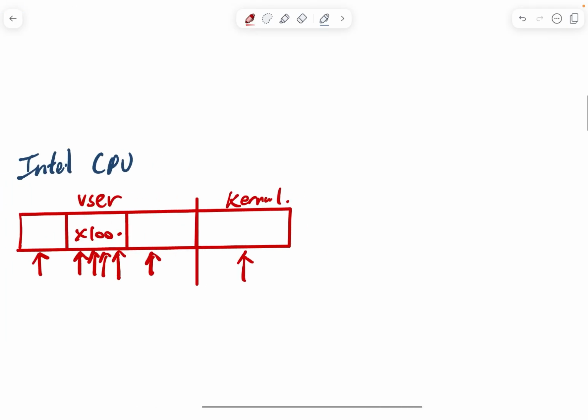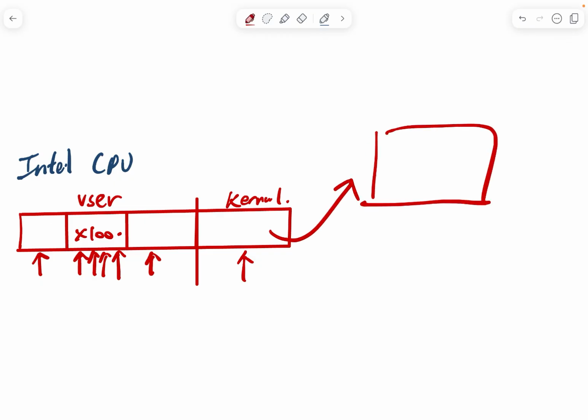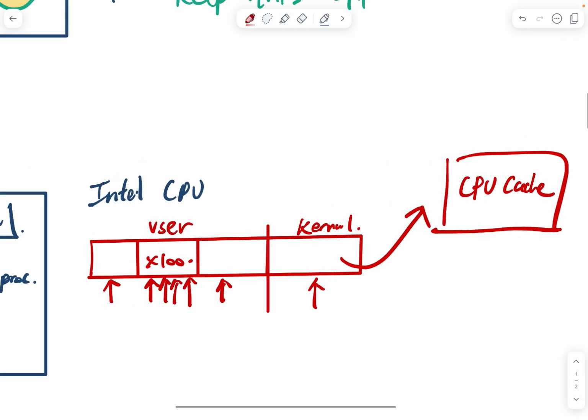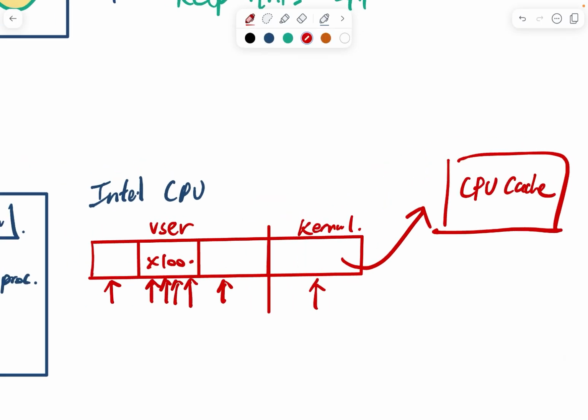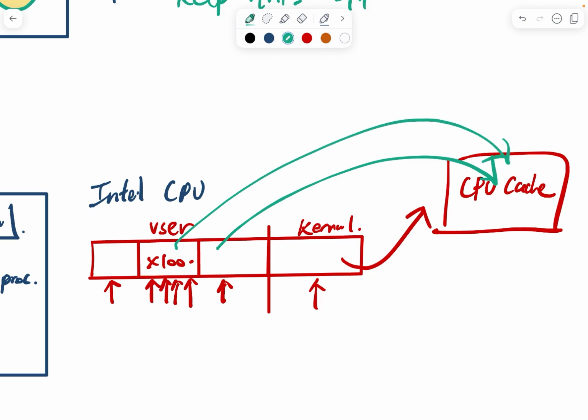gets the information from this piece of memory to a place called the CPU cache. And it actually does the same for this memory as well. But they're legitimate, right?